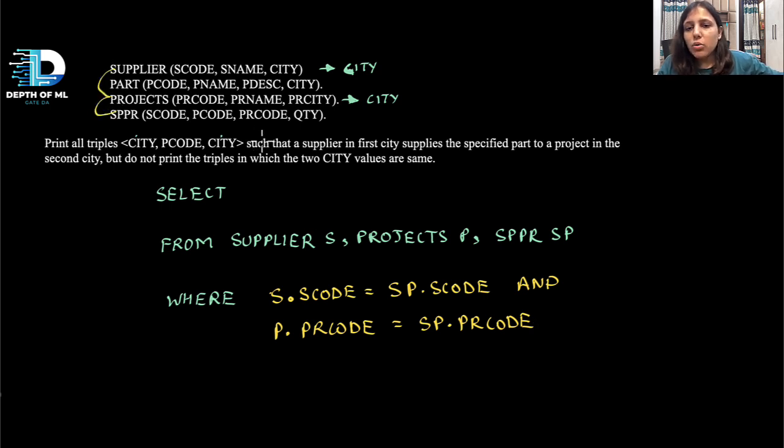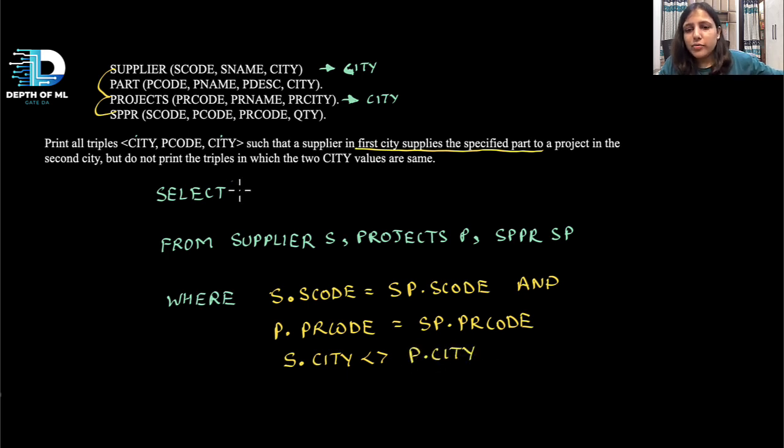Now P code anyways we don't have to join because we don't want to get city information from P code. Now we have to just ensure that the first city supplies the specific part to the other city, but they should not be equal to the same city. So S dot city should not be equal to P dot city.